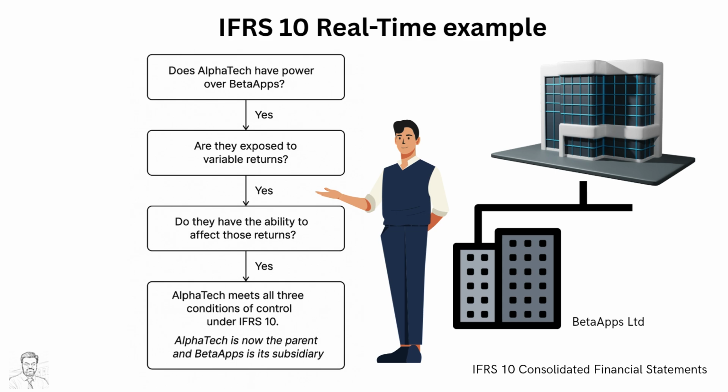And third, do they have the ability to use their power to affect those returns? Well, yeah, again, they can steer Beta Apps' strategy, decide which products to develop, and so on. So putting it all together, Alphatech meets all three conditions of control under IFRS 10. That means Alphatech is now the parent and Beta Apps is its subsidiary.